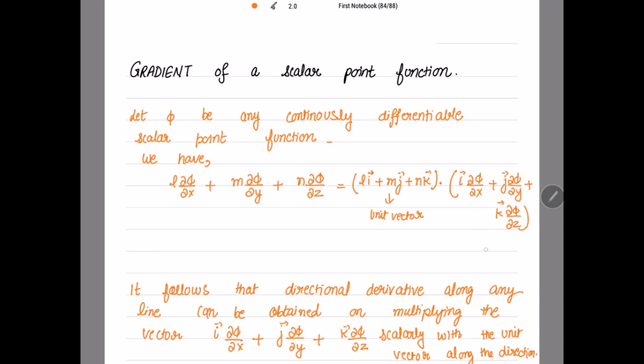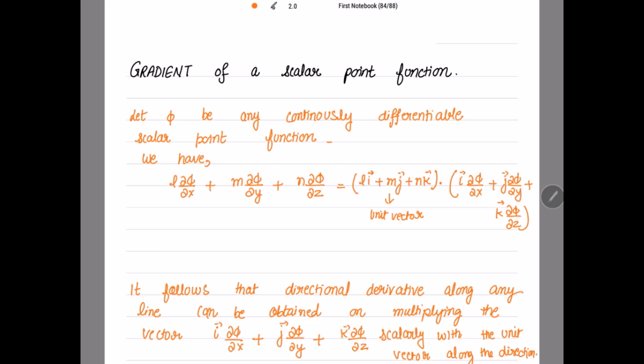Alright, this new vector is termed your gradient. So it follows that the directional derivative along any line can be obtained on multiplying the vector i del phi by del x plus j del phi by del y plus k del phi by del z scalarly.